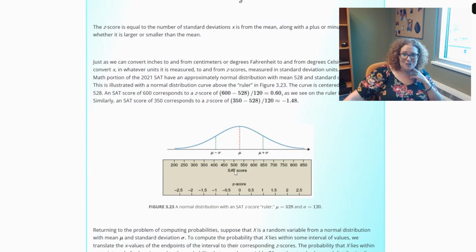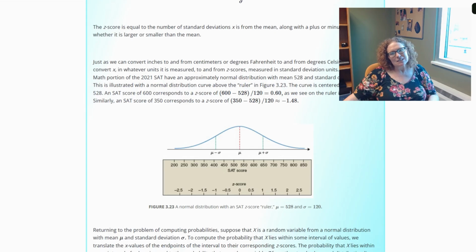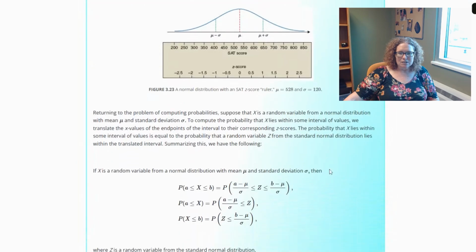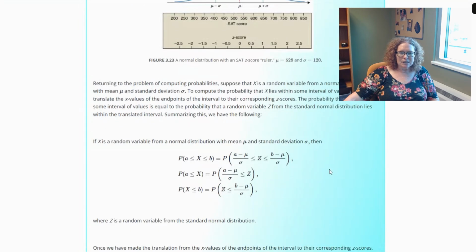If you look at this graph and where these are all falling, you can see where the z-score would be based on either the standard distribution or this one, where the mean is not 0 and the standard deviation is not 1.